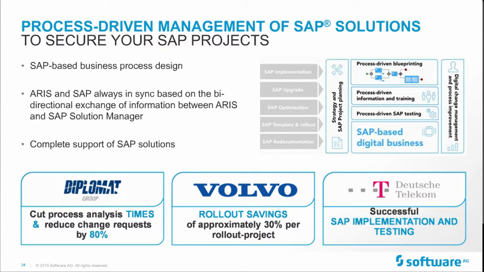If we look at another customer like Volvo, with process design, dedicated templates and well-defined processes, they could reach big savings in that area. And of course, we have the Diplomat group reference, where through the process analysis and the SAP process design, they could reduce their change requests by 80%, which is normally a very time-consuming factor in SAP projects. So that's it for these parts.